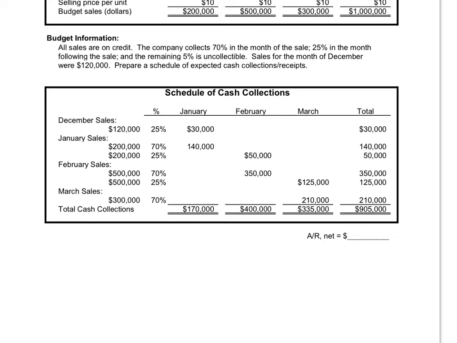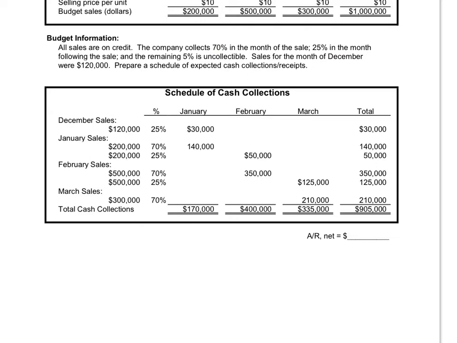So all sales are on credit. The company collects 70% in the month of the sale, 25% in the month following the sale, and the remaining 5% is uncollectible. So the best way to do this is take each month, the sales from each month, and determine when they are collected.